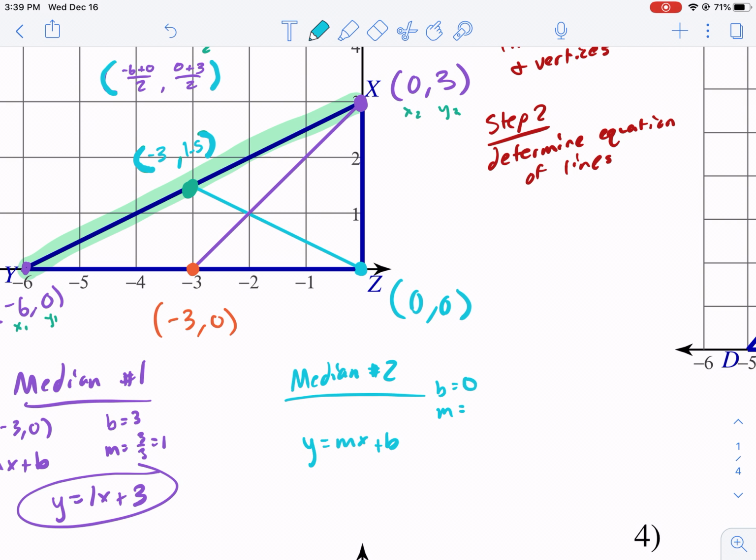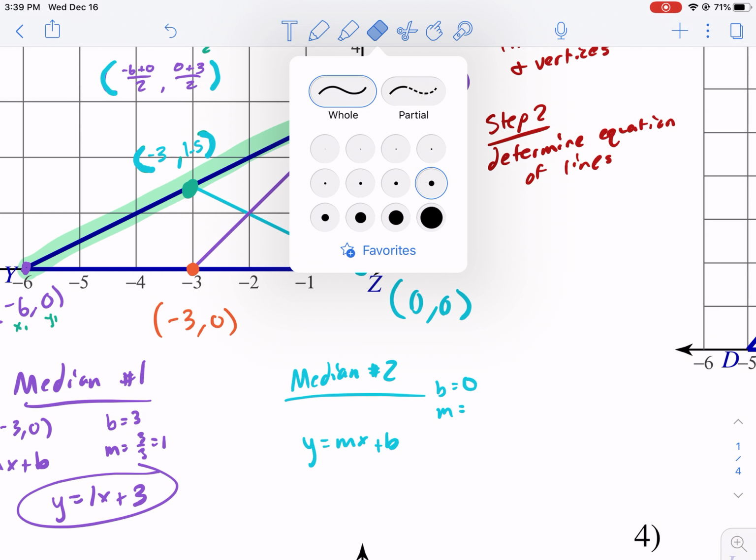Now our slope's going to be a little bit tricky because we have some fractions. So we go down 1.5 from this point to this point. I like moving left to right. I go down 1.5 and then over 2. This is a little tricky because we have a decimal in there. We really shouldn't have a decimal. I should change this to a fraction and then work with that.